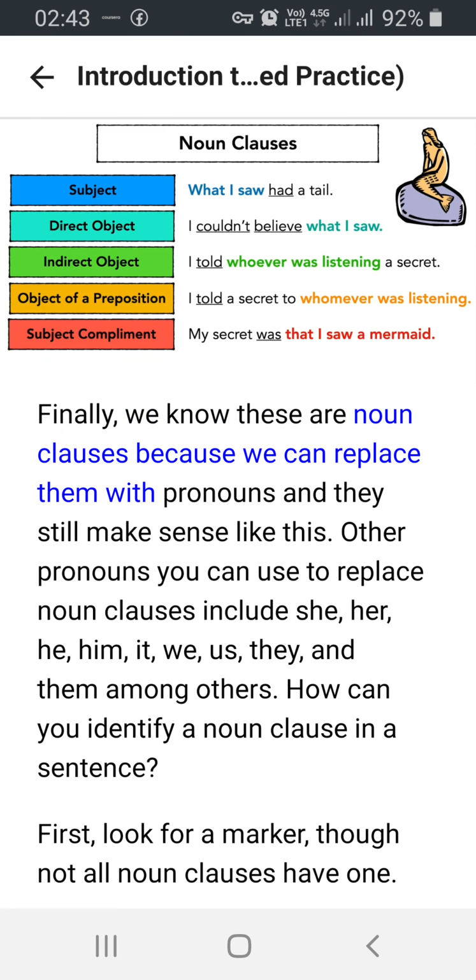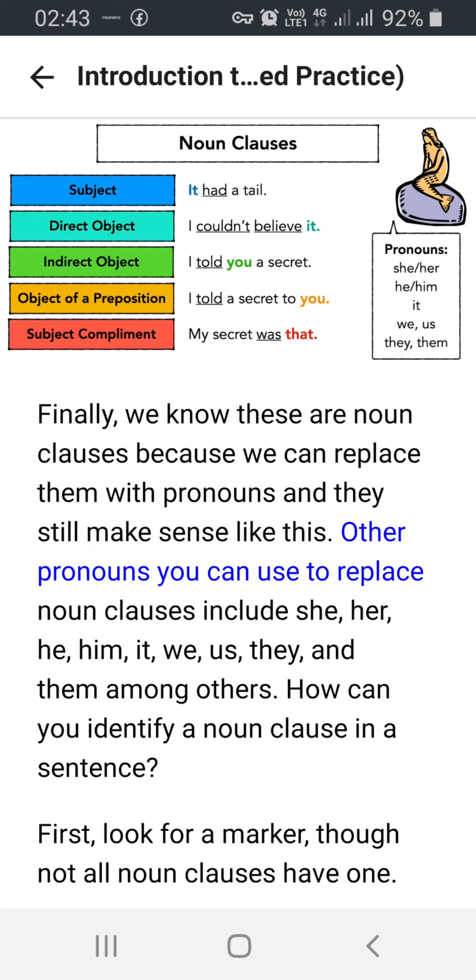Finally, we know these are noun clauses because we can replace them with pronouns and they still make sense, like this. Other pronouns you can use to replace noun clauses include she, her, he, him, it, we, us, they, and them, among others.